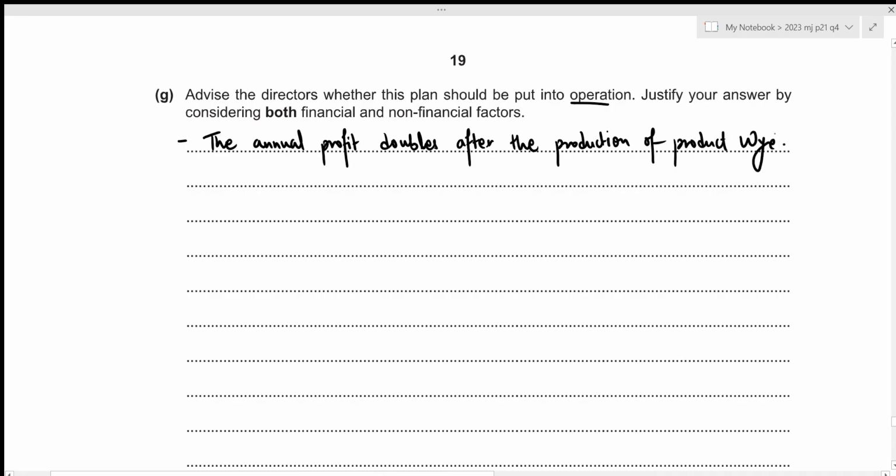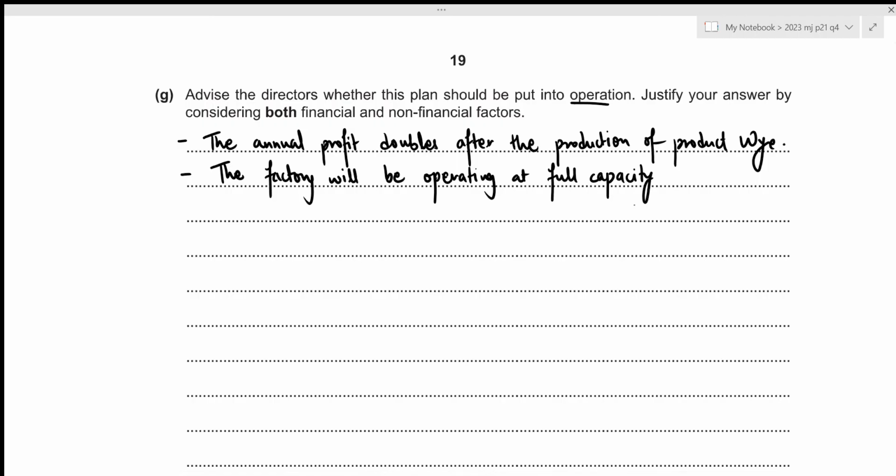Then we can also say that the factory will be operating at full capacity. So let's write it down. And our capacity was given in terms of direct labor hours. And if we're utilizing full capacity, this just means that all the direct labor will be utilized.